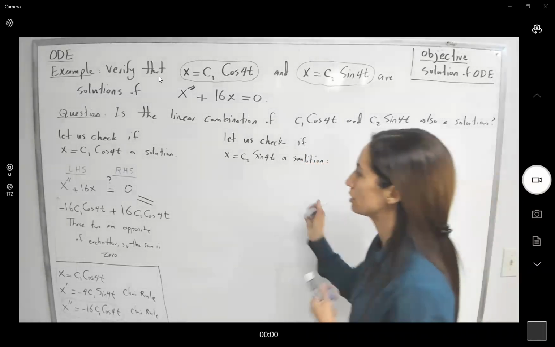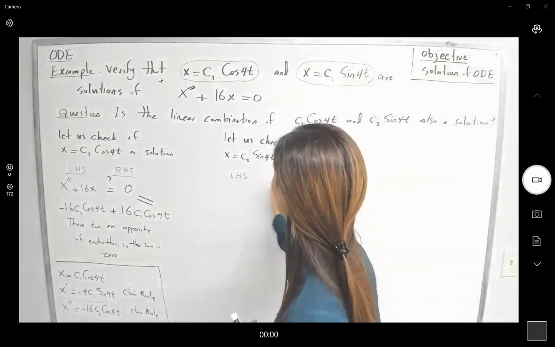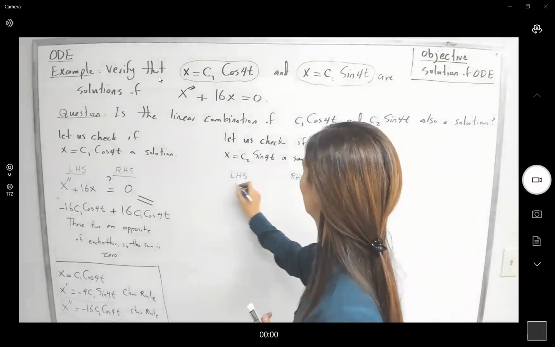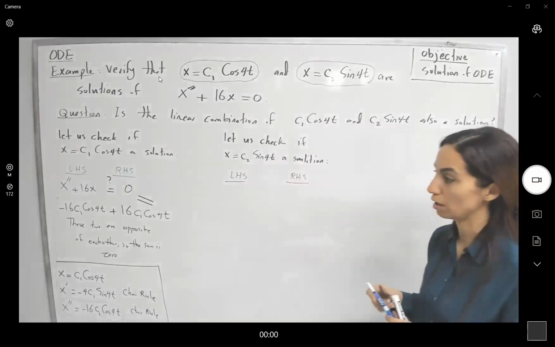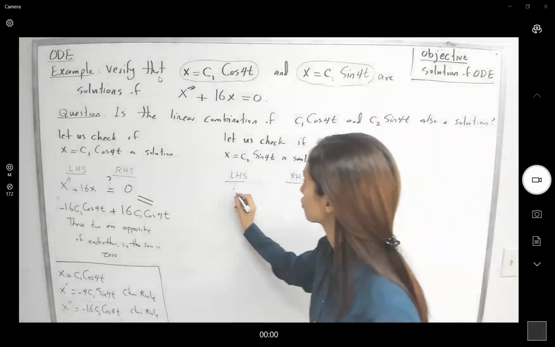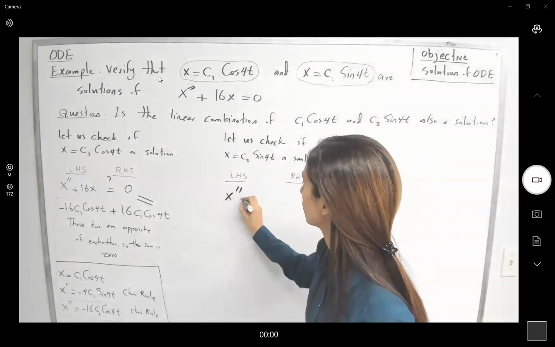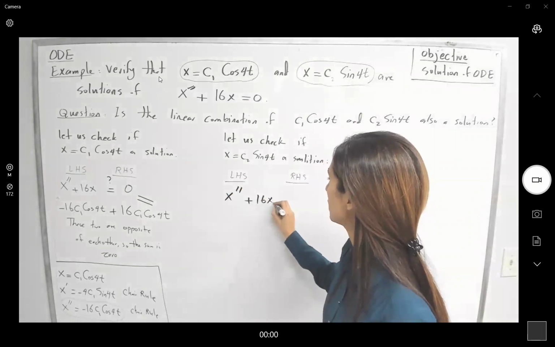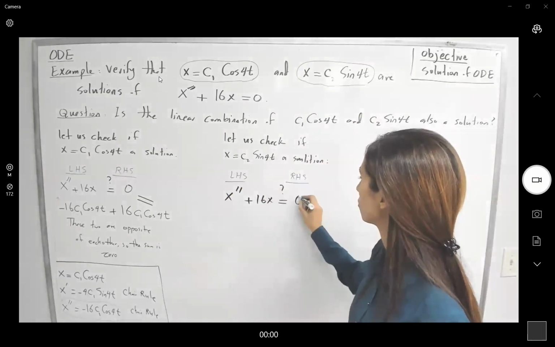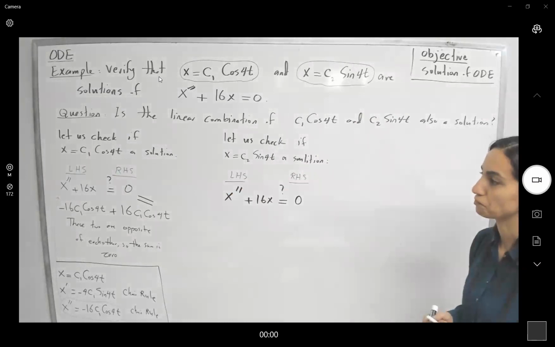Again, left-hand side and right-hand side. On the left-hand side, we have the second derivative of x plus 16x. We want to know if this is equal to 0 or not.